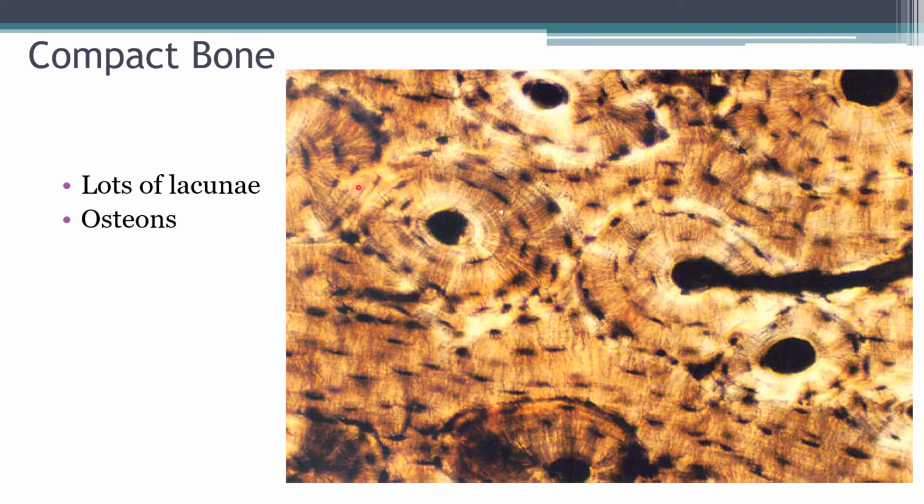So this bone comes from what's called compact bone. Compact bone is like solid bone tissue. And you guys will learn later that not all bone is compact bone. But that's what we're looking at here. And so what you're seeing in this slide is you should see a bunch of these dark spots.